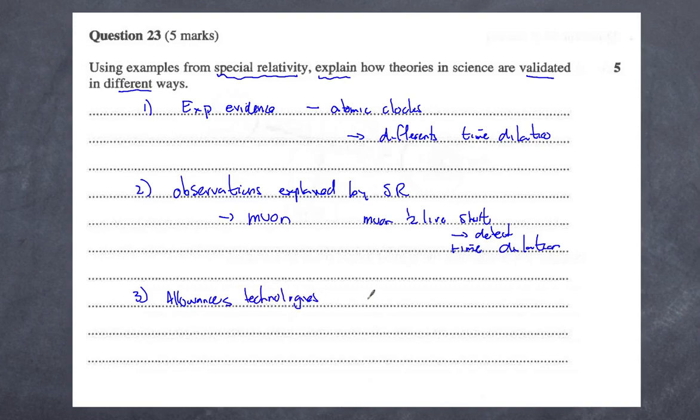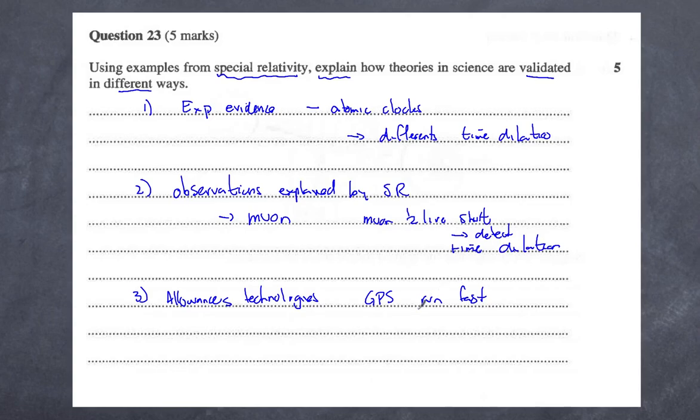So, for example, a good example is our GPS satellites. On our GPS satellites, the clocks are specifically run fast. Why is that? Well, because they're moving fast in orbit, they are going to undergo time dilation, but GPS requires accurate timing between ground-based equipment and the satellites, so you need them to have exactly the same time.